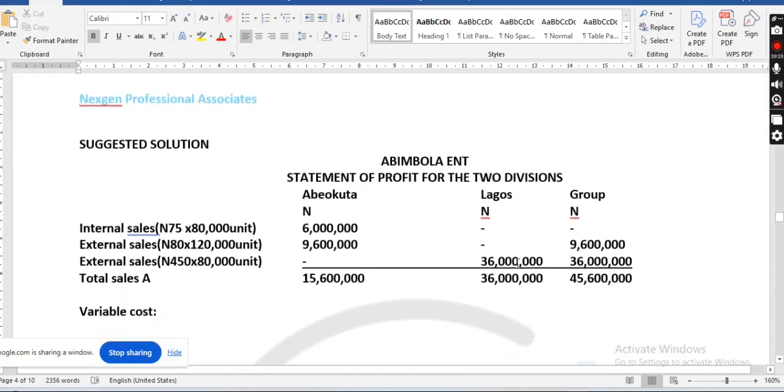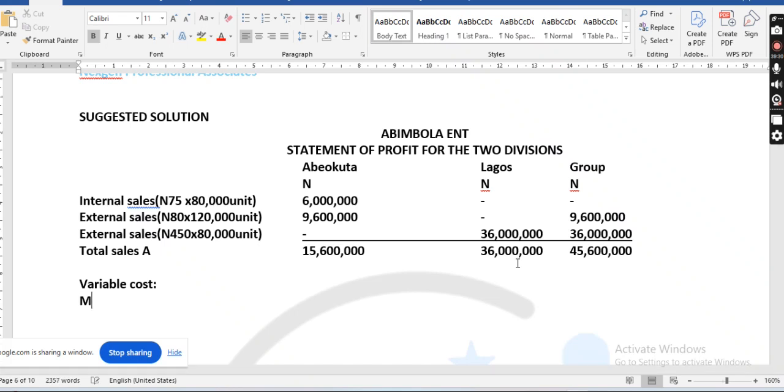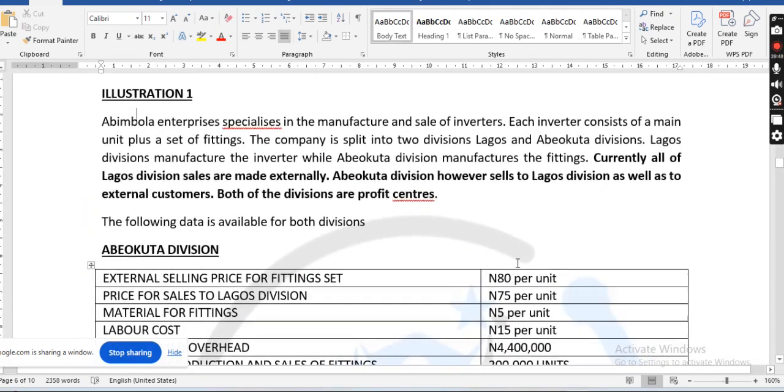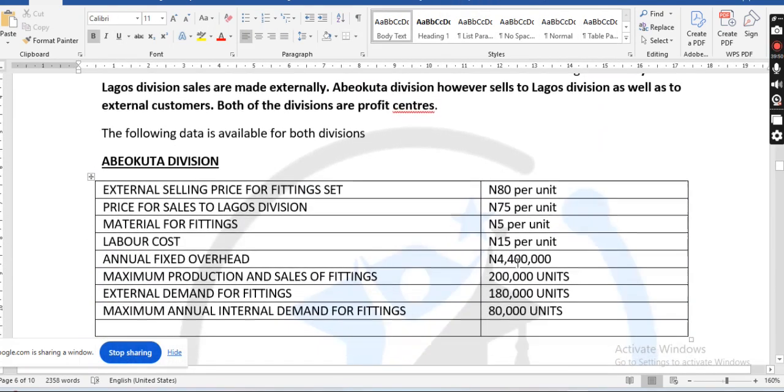So how much are you paying for material in Abeokuta? 5 naira per unit.